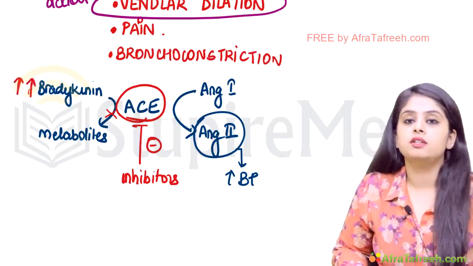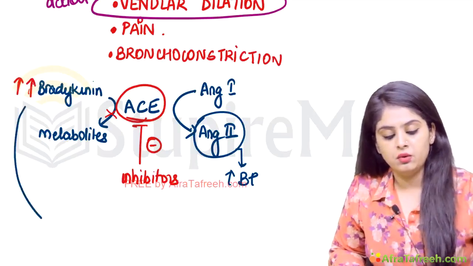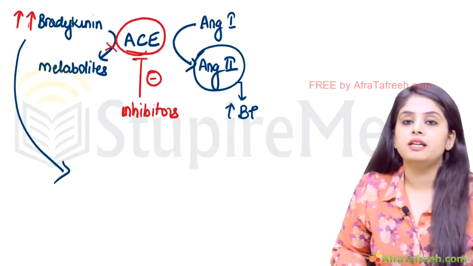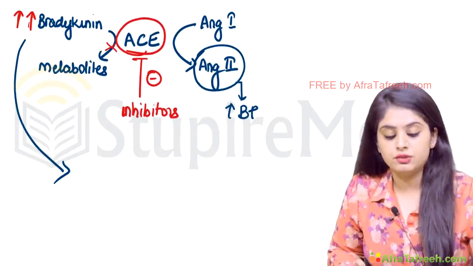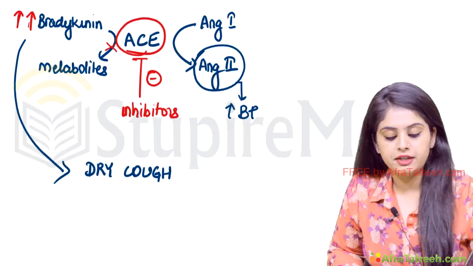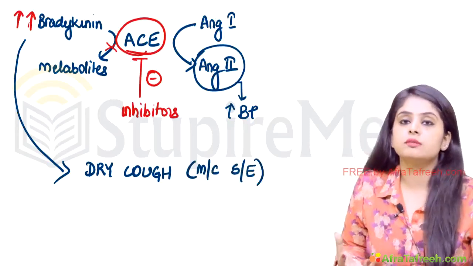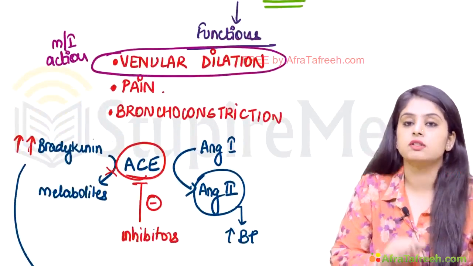Now please recall, bradykinin when elevated, what all actions can it have? We know that bradykinin can first of all cause bronchoconstriction. So the most common side effect will be dry cough, because bradykinin causes bronchoconstriction. Please recall, we just did the function.